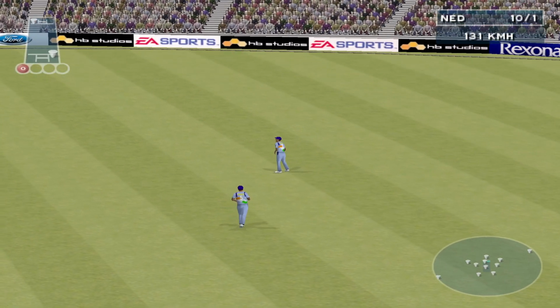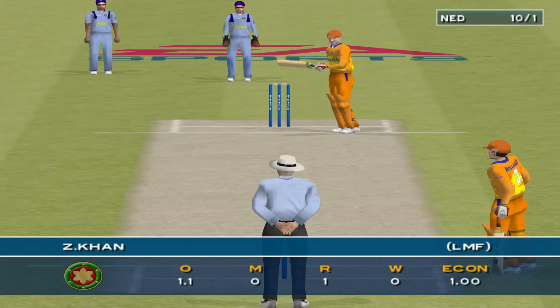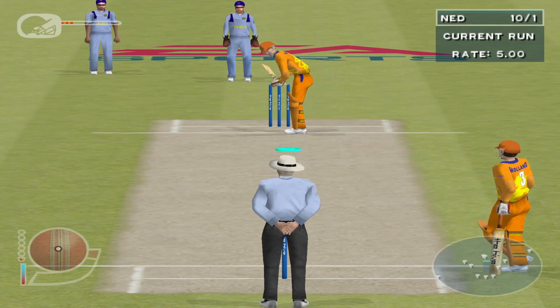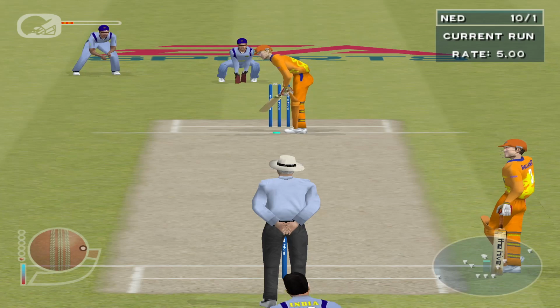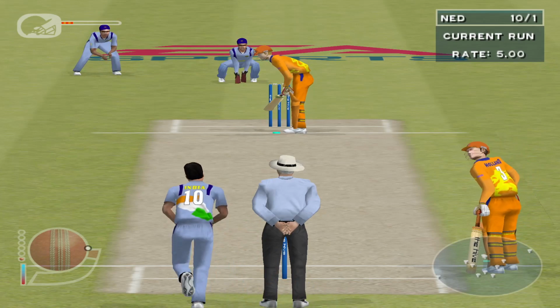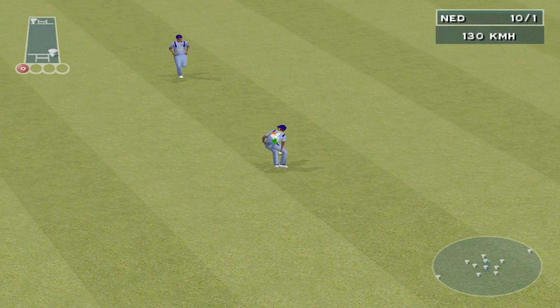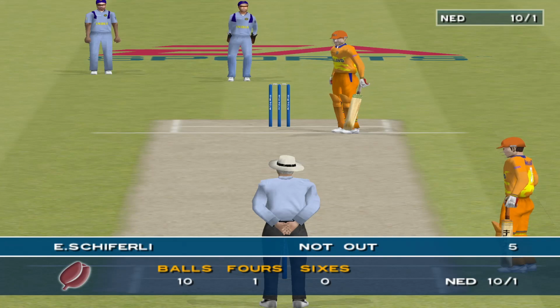Hit straight at Kumble. Khan to bowl to Schifferli. Hit straight to a fielder. Khan continues.